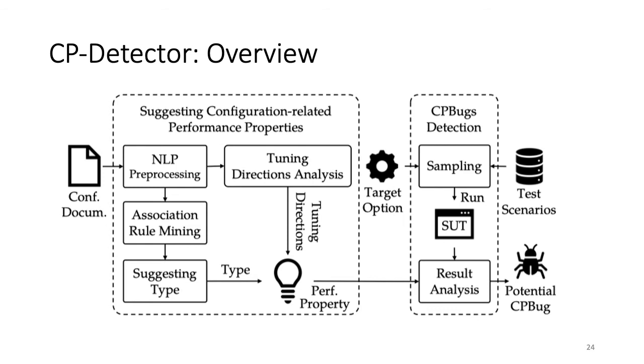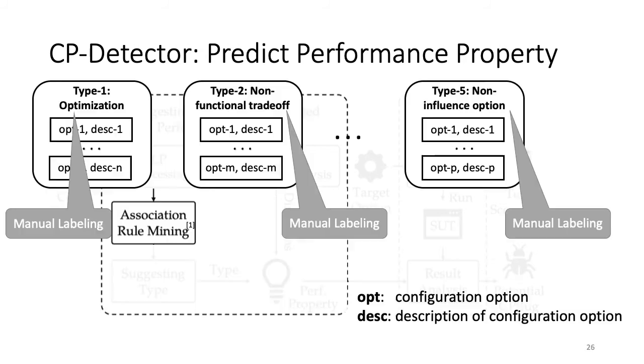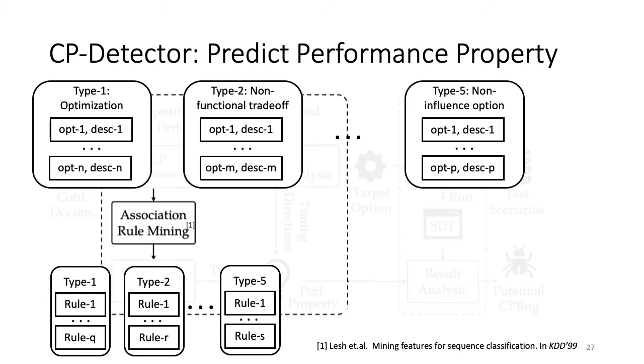I will introduce the process of CP-Detector in brief. First, given a configuration document, CP-Detector uses NLP techniques to extract the syntactic and semantic knowledge of the description of configurations. Then we collect many configuration options and descriptions, manually label them with performance property, and use existing association rule mining techniques to mine rules that exclusively appear in each type of configurations.